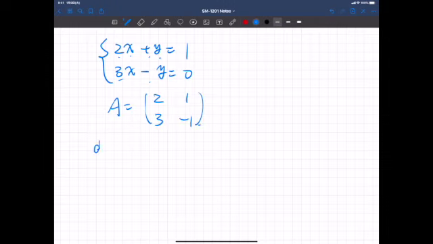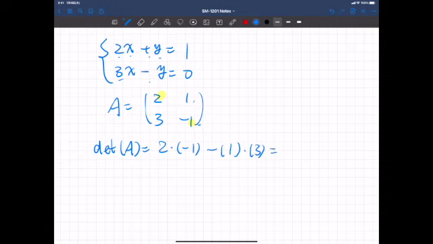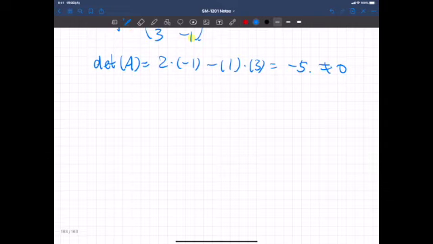And the determinant of this matrix is 2 times negative 1 minus 1 times 3, which is negative 5, which is not 0. Therefore, by the formula we have given previously, the inverse of A is given as 1 over 5, 1 over 5, 3 over 5, and negative 2 over 5.